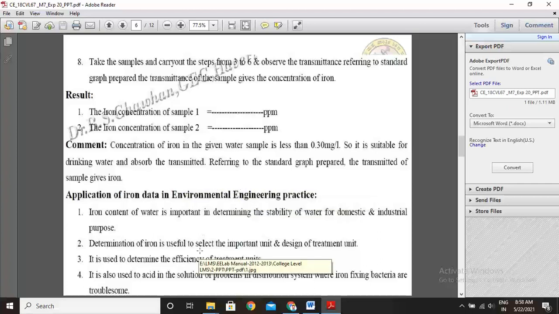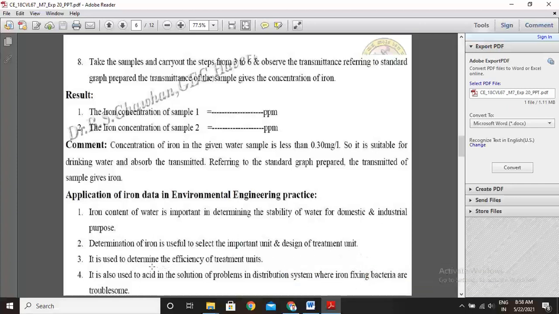Where is this experiment applicable? Application of iron data in environmental engineering practice. Iron content of water is important in determining the stability of water for domestic and industrial purposes. Second, determination of iron is useful to select the important units and design of treatment units.